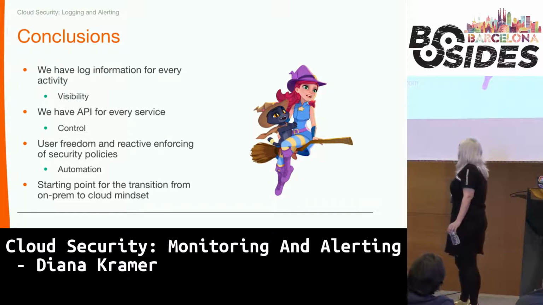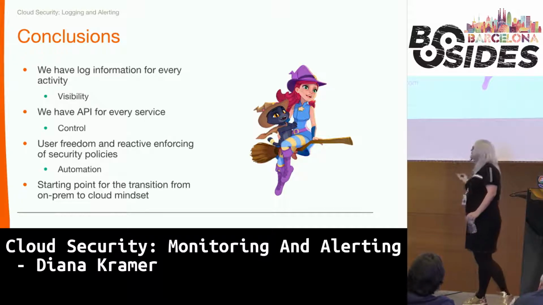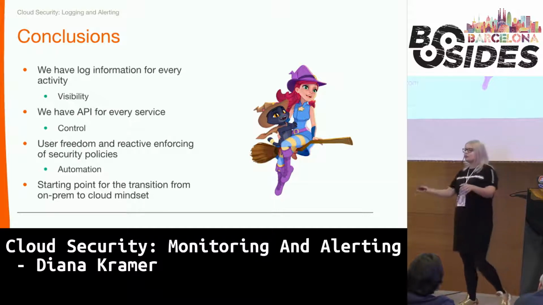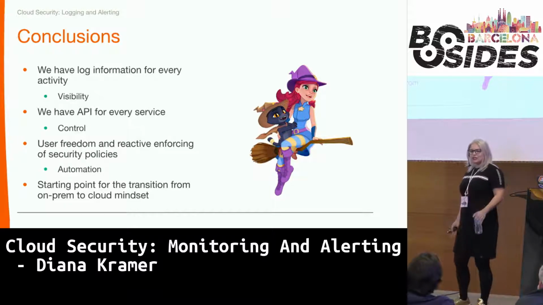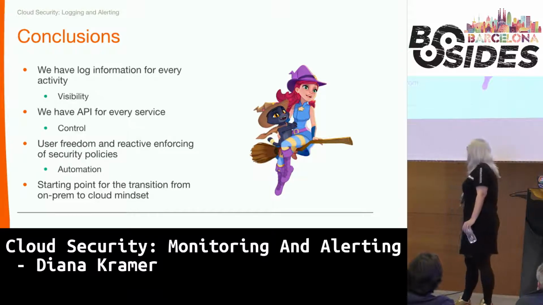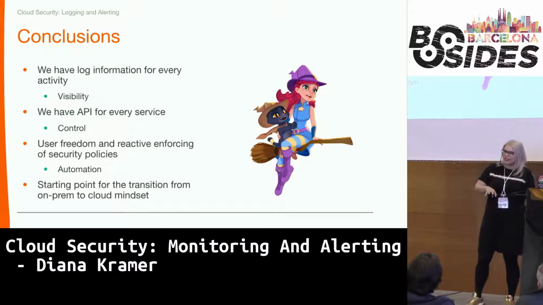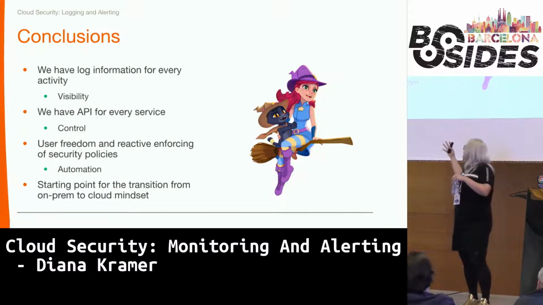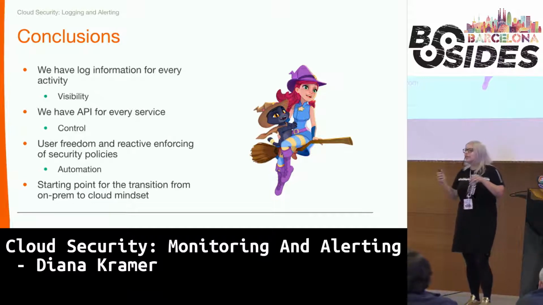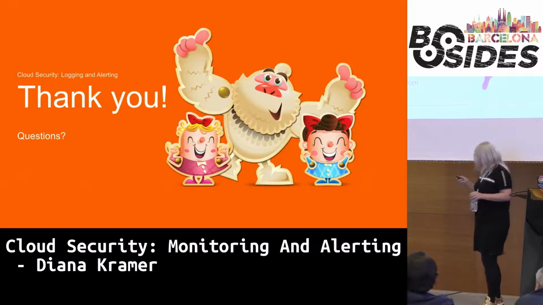What this means is we can balance the world of user freedom with the reactive enforcing of security policies through automation, because we can automate all this and we're not afraid of being without control for too long a time. And as I said, I think it's a great starting point for the transition from the on-prem mentality to the cloud mentality, feeling you know and can interact with until you fully enter that serverless mentality and you understand all the controls that a cloud platform can give.